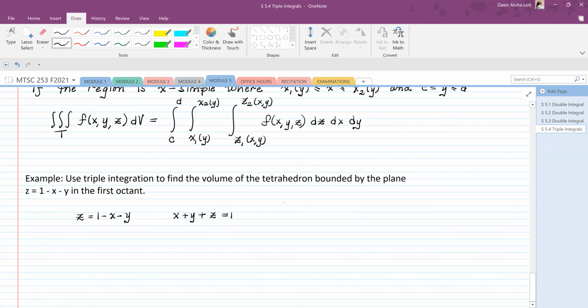So a times (x minus x naught) plus b times (y minus y naught) plus c times (z minus z naught) is equal to 0. That's a plane. So here, a, b, and c, which are the coefficients, are all 1, so this is a plane.